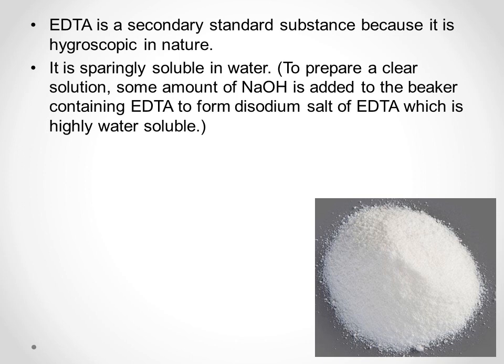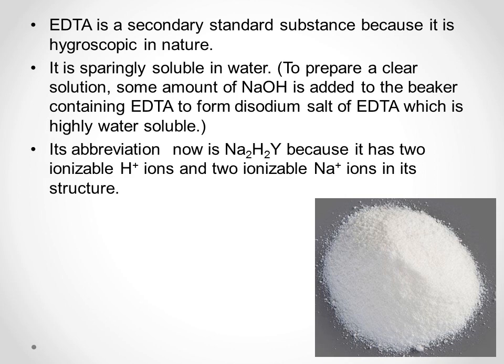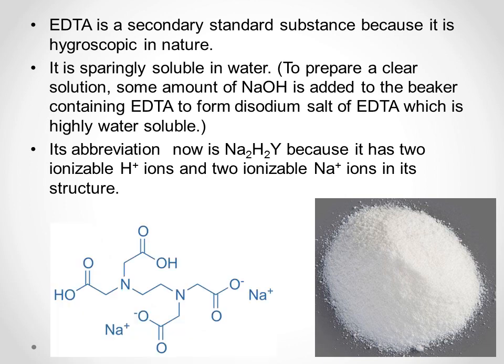To prepare a clearer solution, some amount of sodium hydroxide is added to the beaker containing EDTA to form the disodium salt of EDTA, which is highly soluble in water. Its abbreviation now becomes Na2H2Y because it has 2 ionizable H plus ions. You can see in the picture below as well.